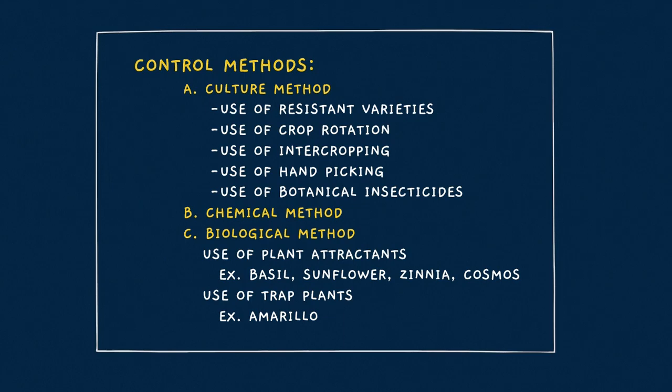Letter B. The chemical method, which is basically the application of chemical pesticides. C. Biological method: the use of plant attractants such as basil, sunflower, zinnia, and cosmos, and the use of trap plants such as amarillo.